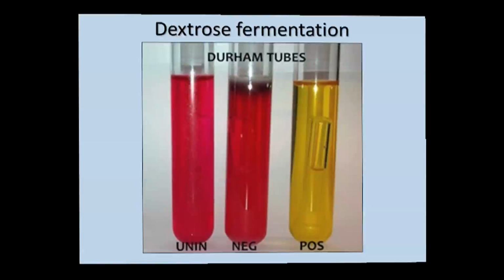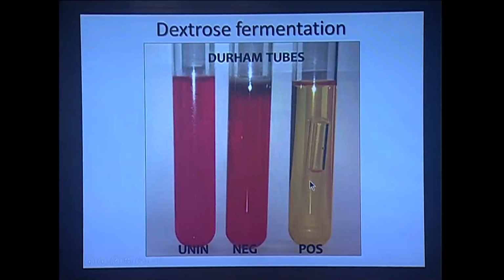Next, the tests that are carried out are the dextrose fermentation tests. Here, glucose or dextrose is taken in the medium and the organism is inoculated. We also incorporate a pH indicator like phenol red. If the organism ferments glucose, then the medium turns acidic and the indicator changes color to yellow.